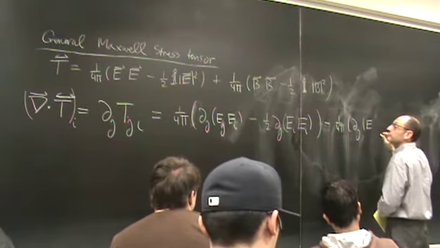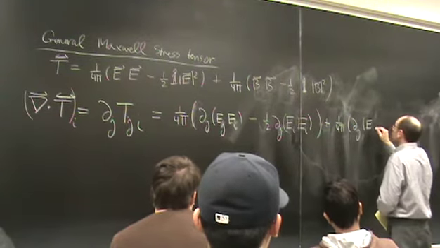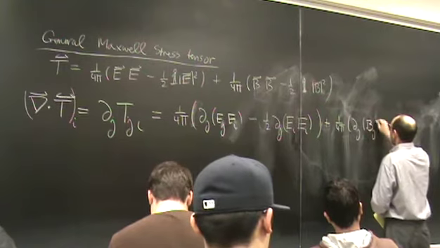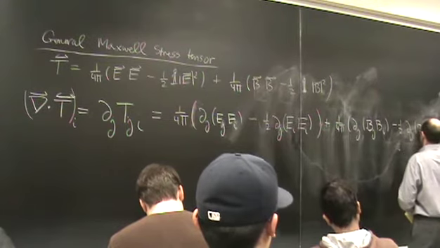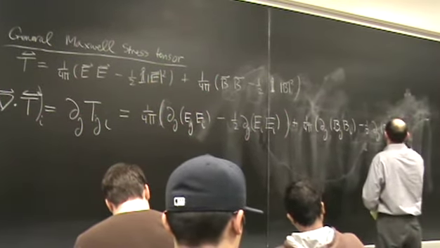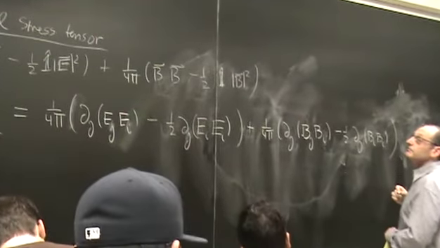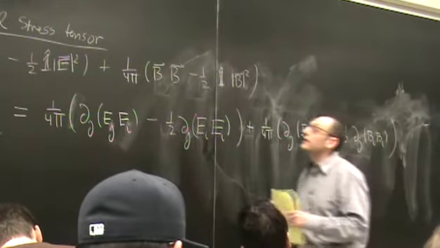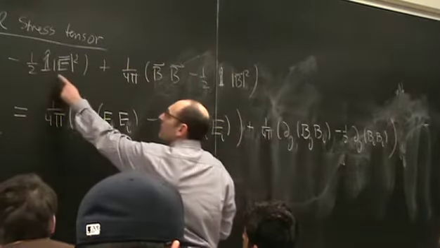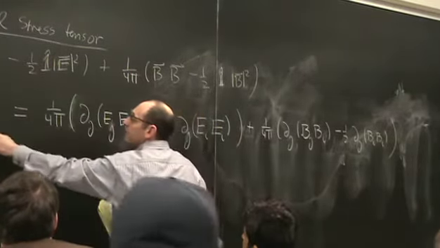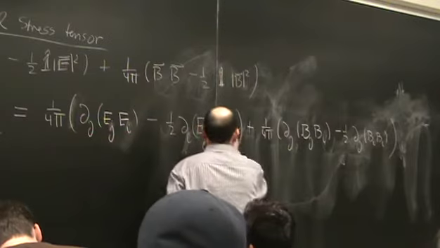Wait, where's the minus one? Plus. Thank you. B_j B_i, minus half B squared. All right. So let's look at this. I think I got this backwards. This delta ij makes this a derivative with respect to i.